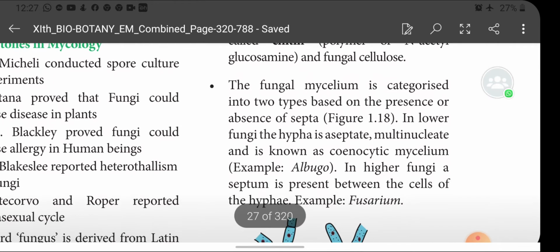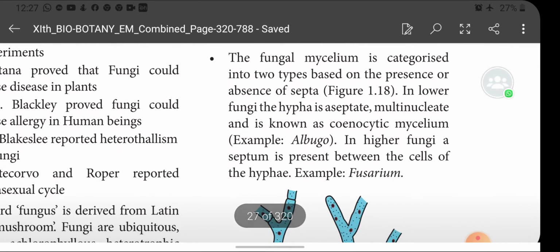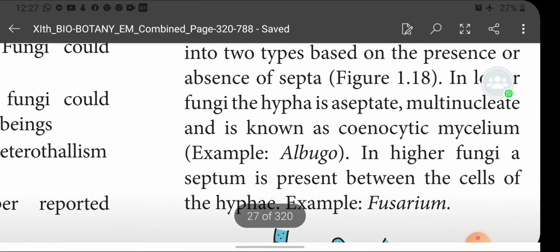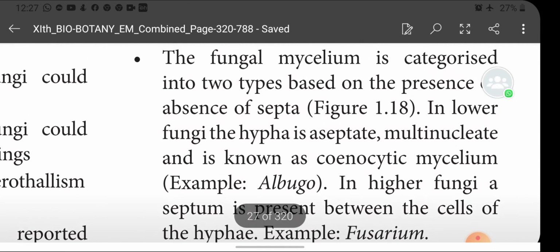The fungal mycelium is categorized into two types based on the presence or absence of septa. In lower fungi, the hyphae is aseptate, that is, no septa are present in between, and multinucleate, and is known as coenocytic mycelium. So what is coenocytic mycelium?